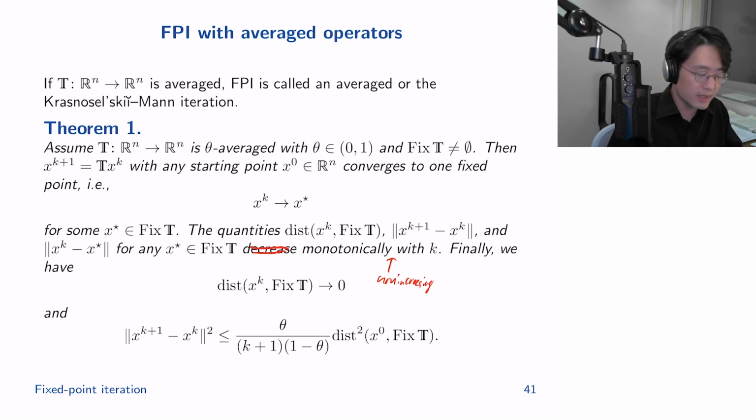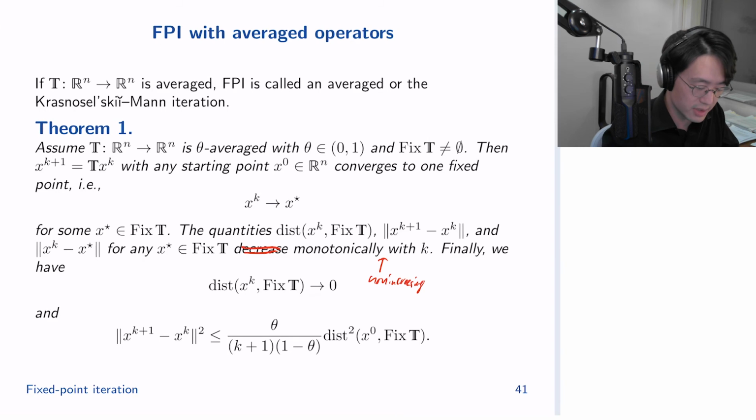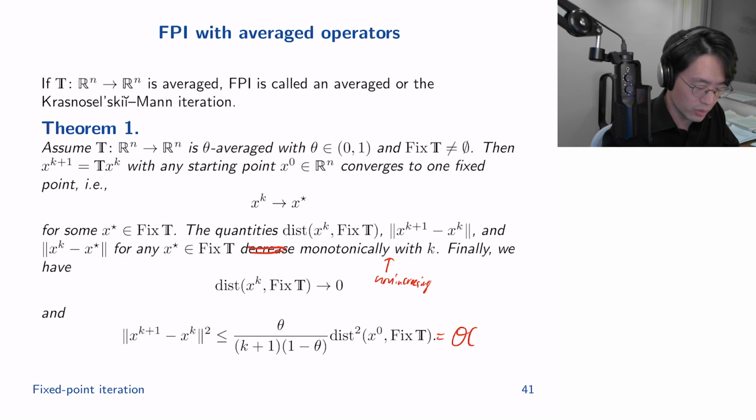And finally, the distance of our current iterate to the fixed point set converges to 0. And then the distance between the current and the next iterate actually converges to 0 with a rate. So the squared norm of xk plus 1 minus xk has this rate, and note that this is order 1 over k.